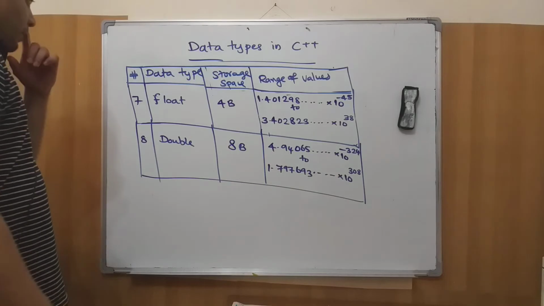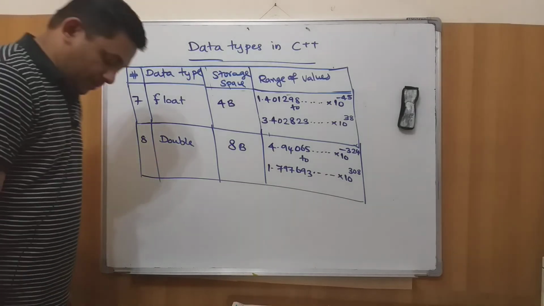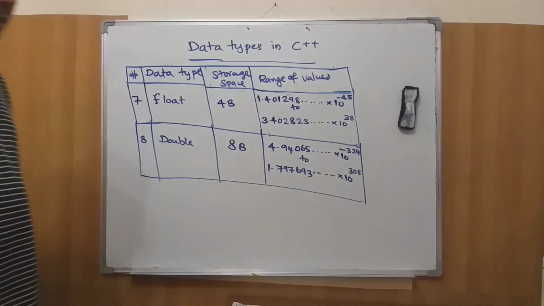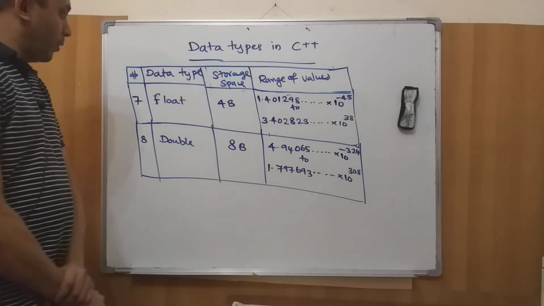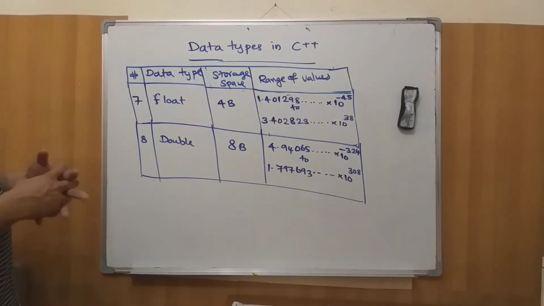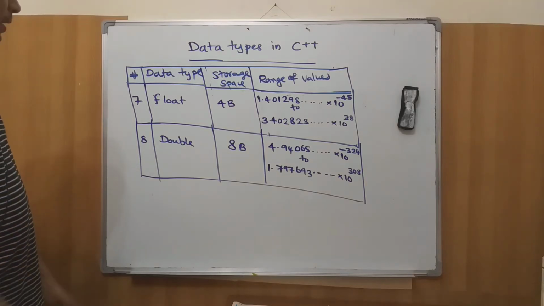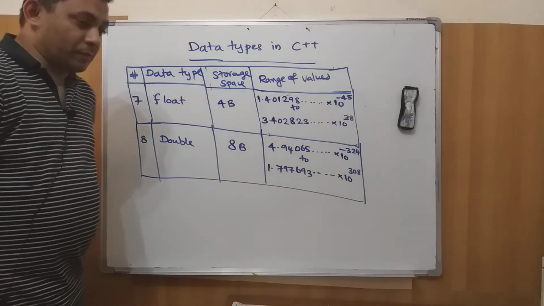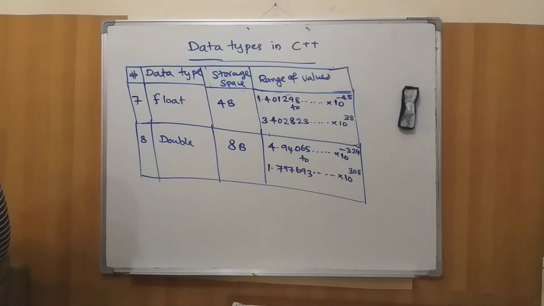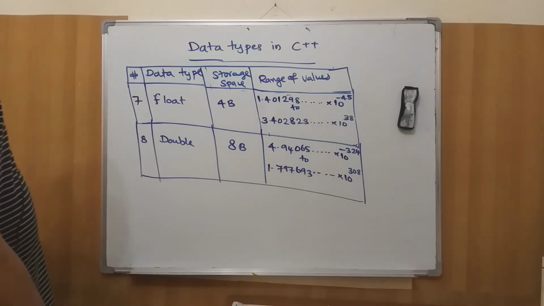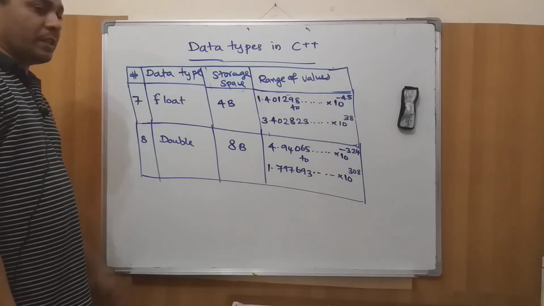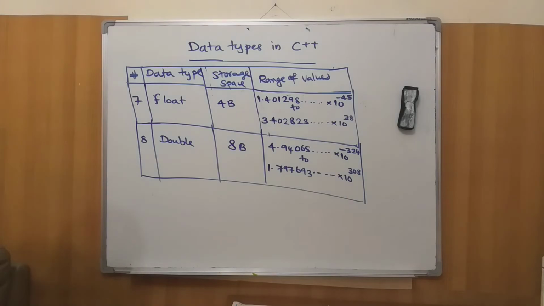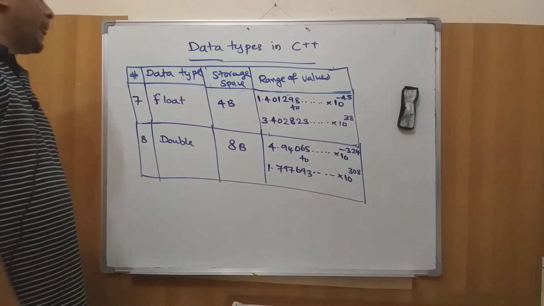So far we have discussed integers, where the numbers do not have decimal points. Now we discuss cases where the numbers have decimal points. In such cases we can go for the data type float, which is a floating point number, a number with decimal points.